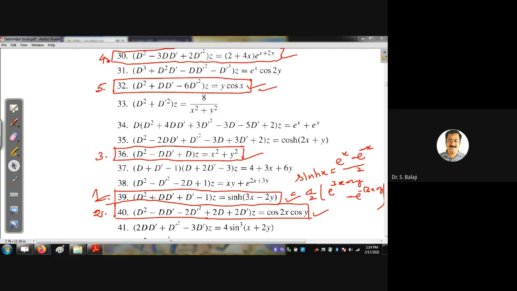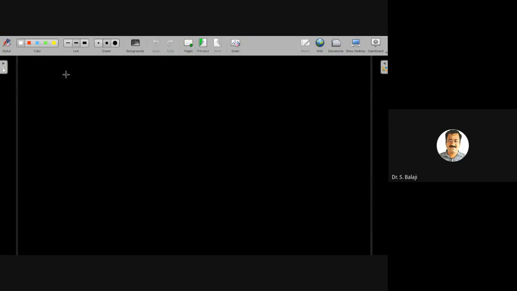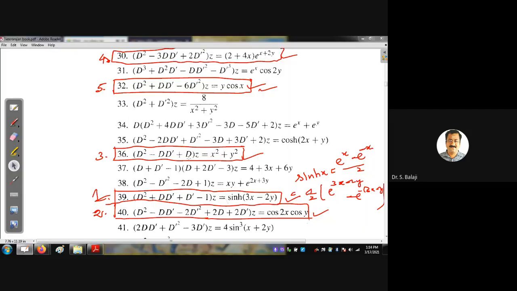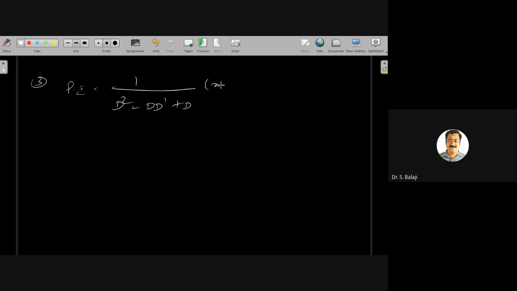So in the particular integral for the third type, D square minus DD dash plus D of z equal to x square plus y square.